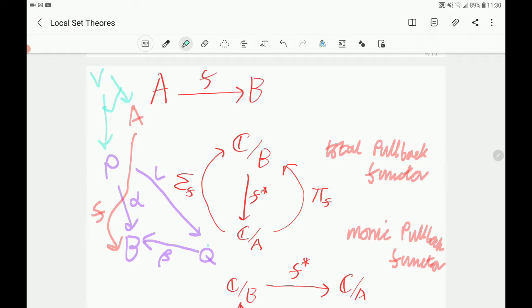And then if C is Set, for example, then we can get some really nice connections with ideas of limits and colimits. So there's all sorts of things we can do.